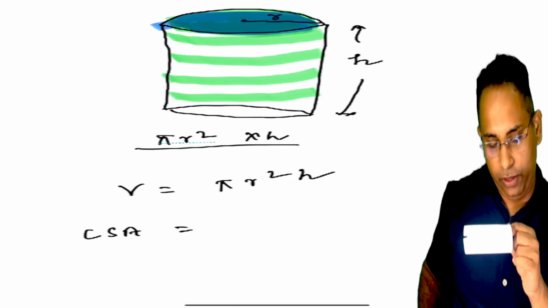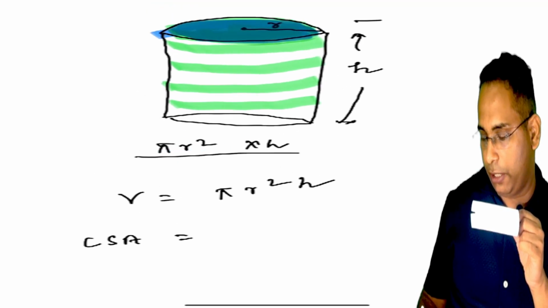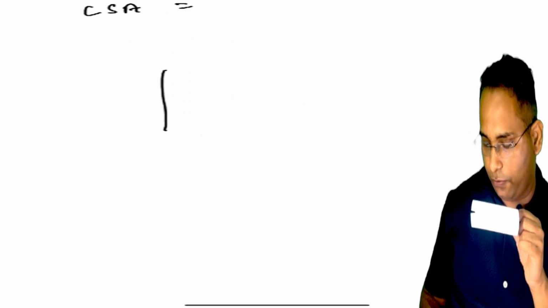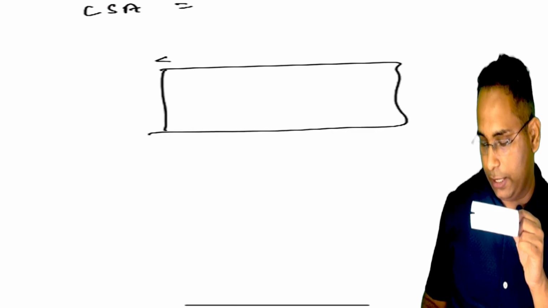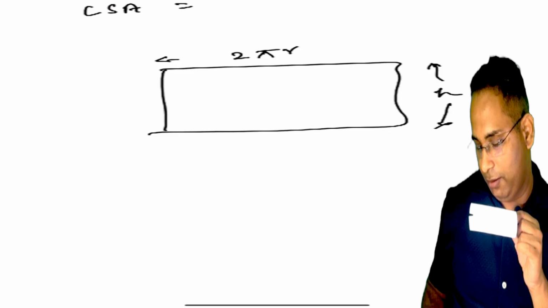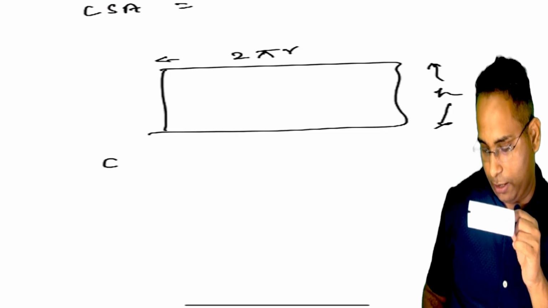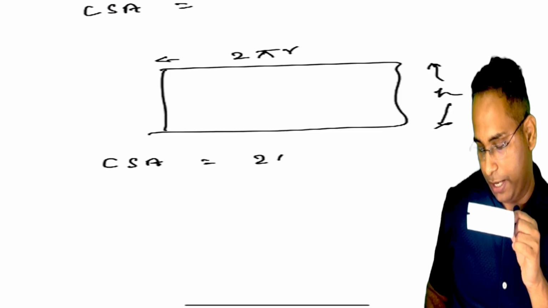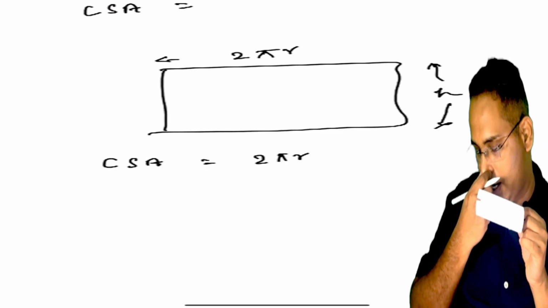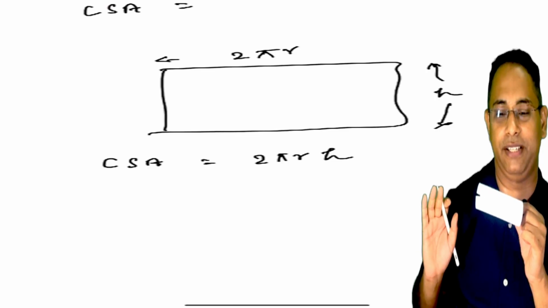So we can say that the circumference of this particular shape is 2 pi r, and when we cut this and form a rectangle, this length was 2 pi r and this was the height, already existing. If you need to calculate the curved surface area, simple, you will have to multiply these two. You can say the curved surface area of a cylinder is 2 pi r, which was the circumference of the boundaries, multiplied with h, it becomes 2 pi r h. That is the curved surface area.